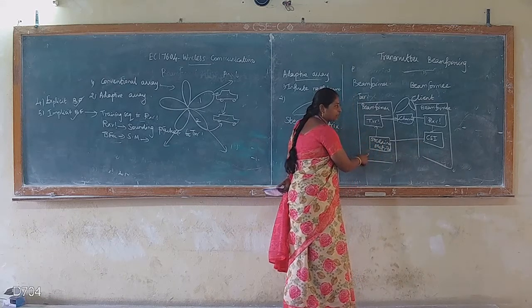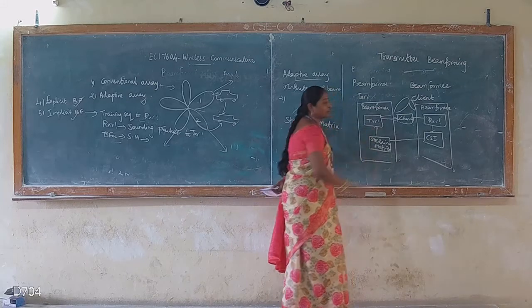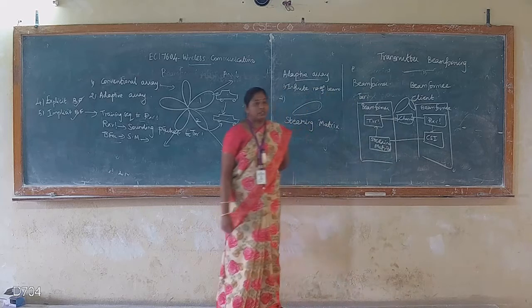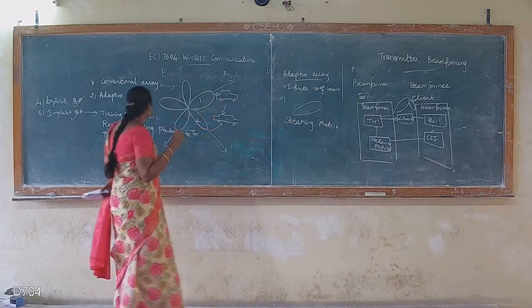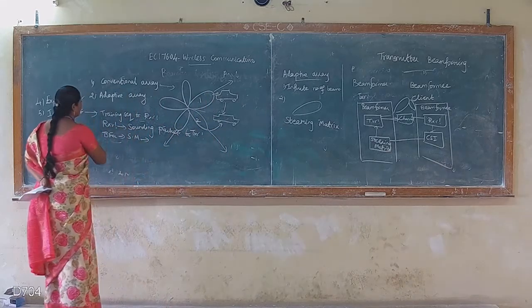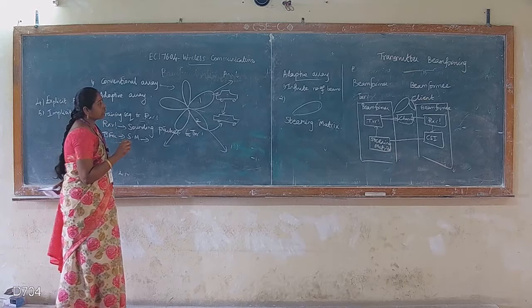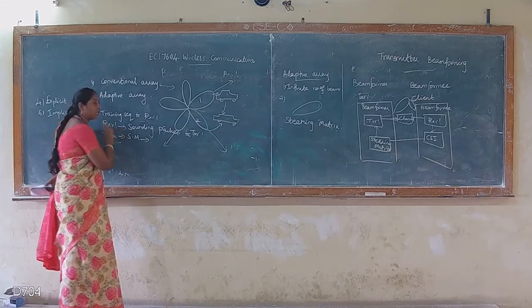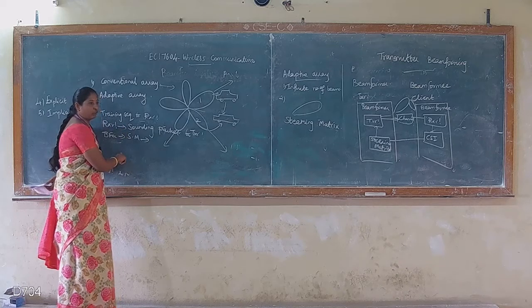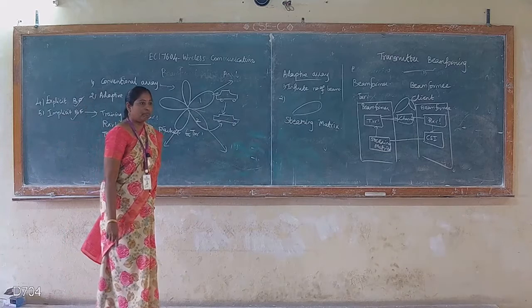Now the transmitter calculates the steering matrix. Using the steering matrix, the transmitter rotates its beam. So this is the principle of explicit beamforming. In explicit beamforming, the matrix is calculated by the beamformer and in implicit beamforming also by the beamformer. So this is the difference between implicit and explicit beamforming.